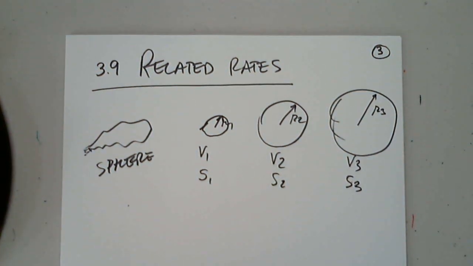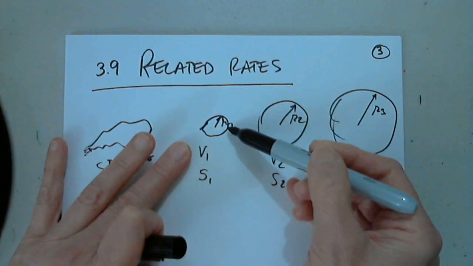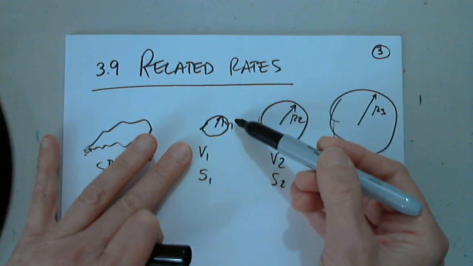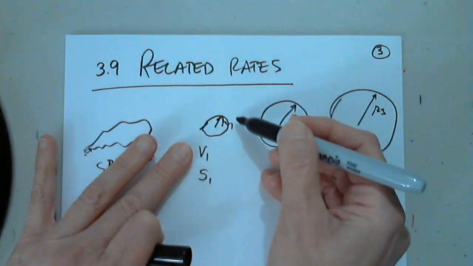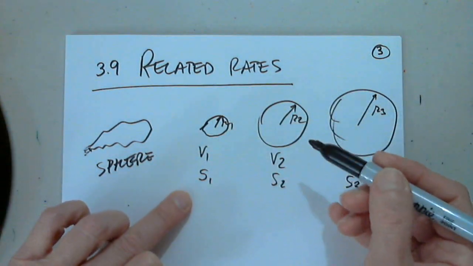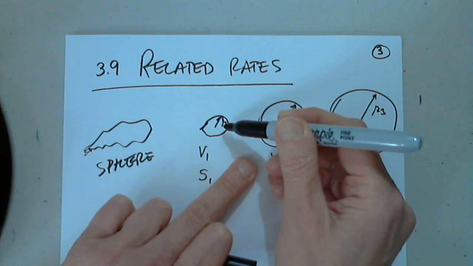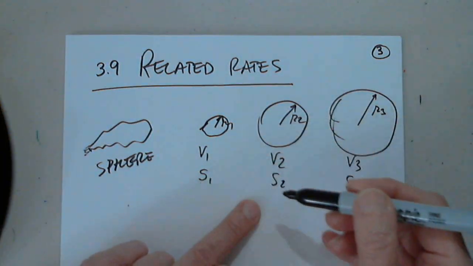So what happens here? Well, in the first stage, these are the dimensions, right? If you want, the radius creates this volume and creates this surface. Small, bigger. So the radius now is bigger than it was. The volume is bigger. The surface area is bigger.